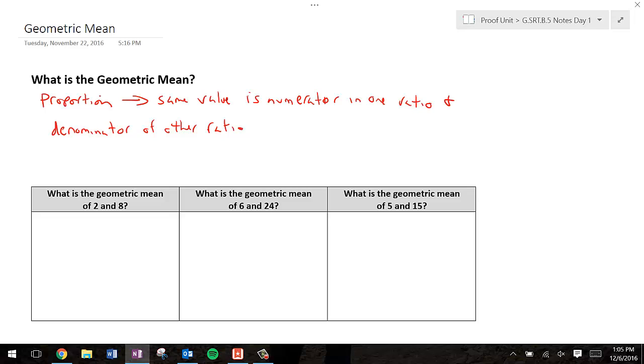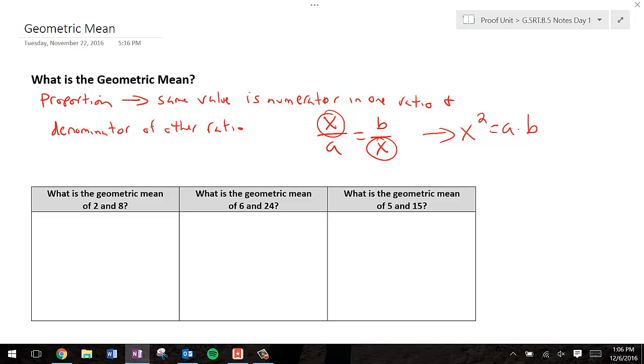So an example would be x over a equals b over x, where x is one numerator and one denominator, and it's going to end up giving us x squared equals a times b when we solve our proportion using the cross products property.